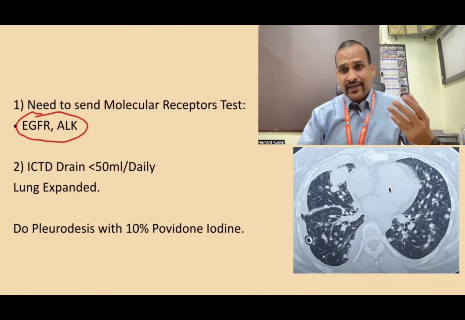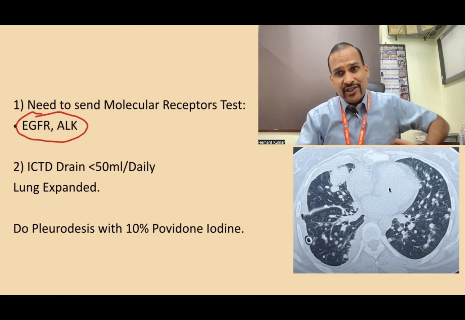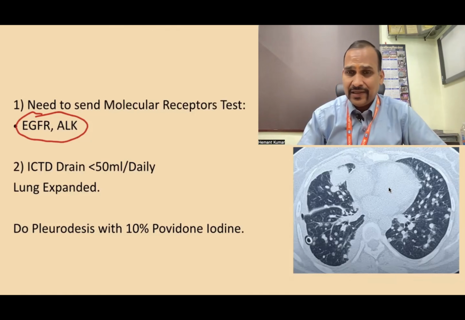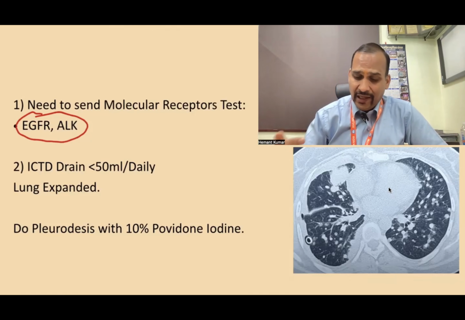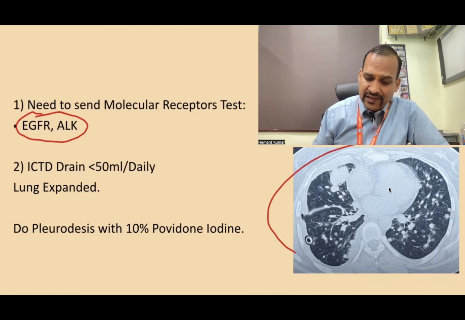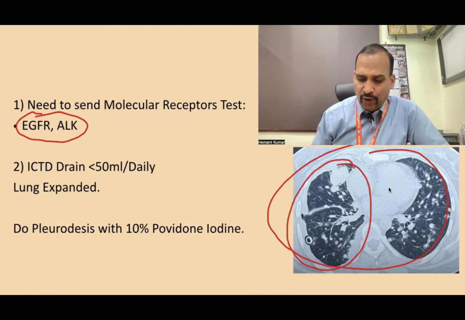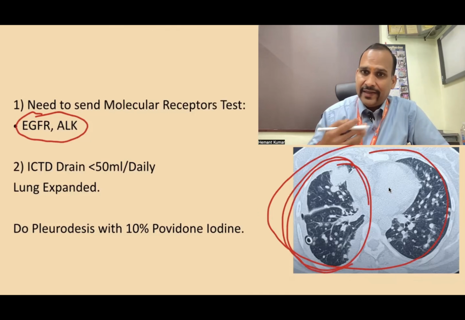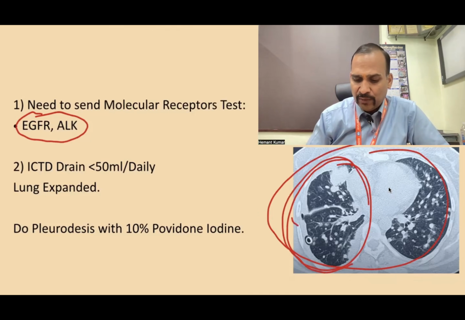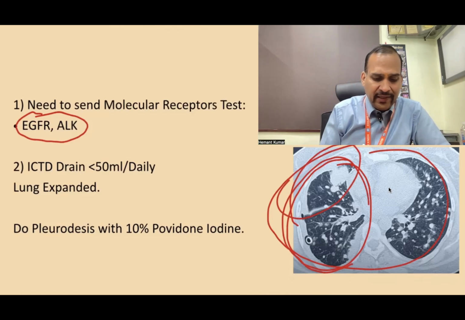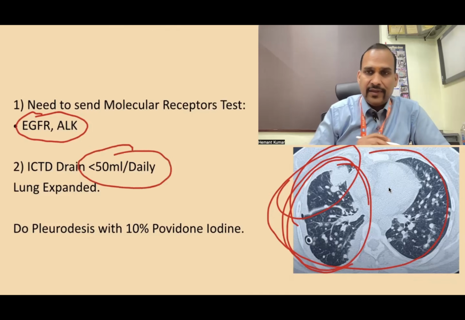The second thing is the patient is having an ICD in situ in the right thoracic cavity, and if you see the CT scan, the lung is almost fully expanded, effusion almost gone, all drained. There is no pneumothorax, and daily drain is less than 50 ml.